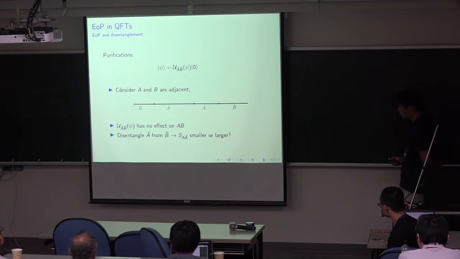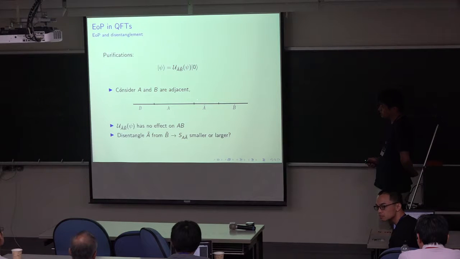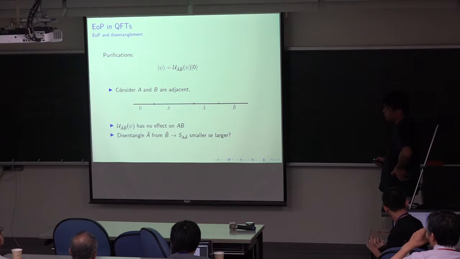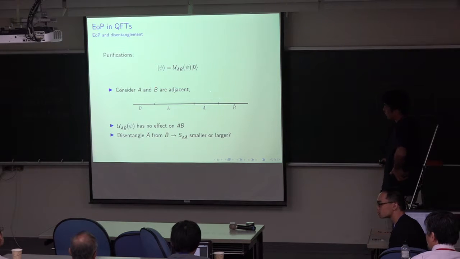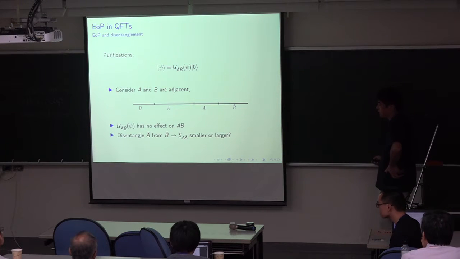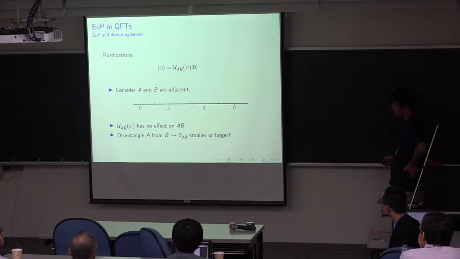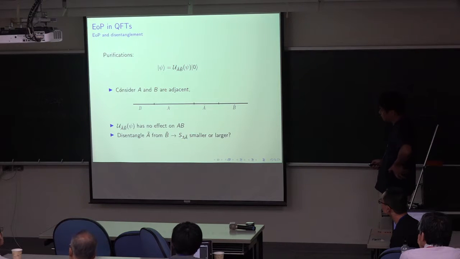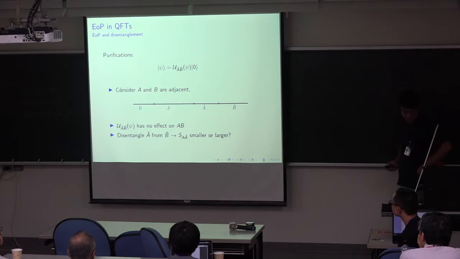So if we have some unitary operation that can disentangle A2 and B2, it may reduce the entanglement entropy of the vacuum state. So this unitary operation can be understood as some disentanglement of A2 and B2. But it always makes the entanglement between A2 and B2 smaller, or larger, with this operation.